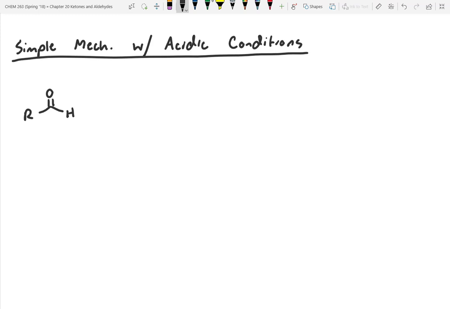But the fastest reaction in chemistry is always going to be our acid-base chemistry. So if we do have an acid source around, we're immediately going to protonate that carbonyl before anything else has a chance to occur. And this is assuming we have a pretty strong acid. I think the pKa of a protonated carbonyl is about -7. So you have to have a very strong acid to protonate a carbonyl.